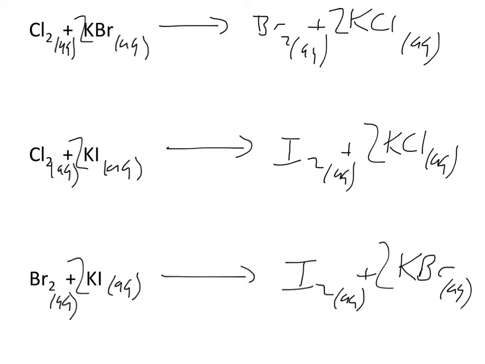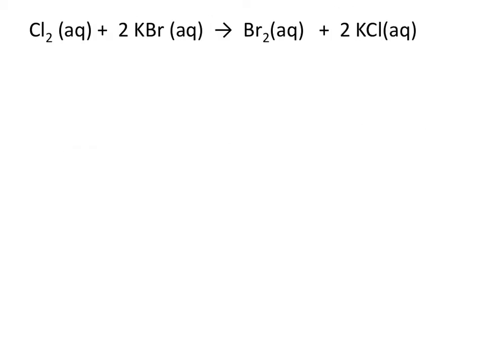Now I'm just going to show you how these reactions work in a little bit more detail, and to do this we need to write an ionic equation. So here's the balanced equation for the first reaction. So chlorine displacing the bromine because the chlorine is more reactive.